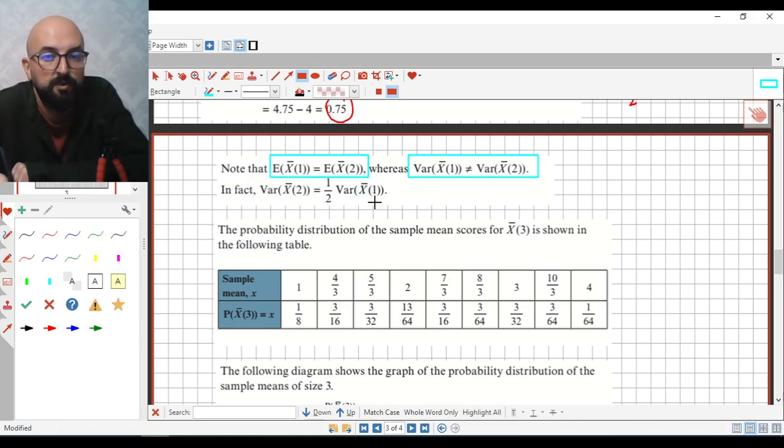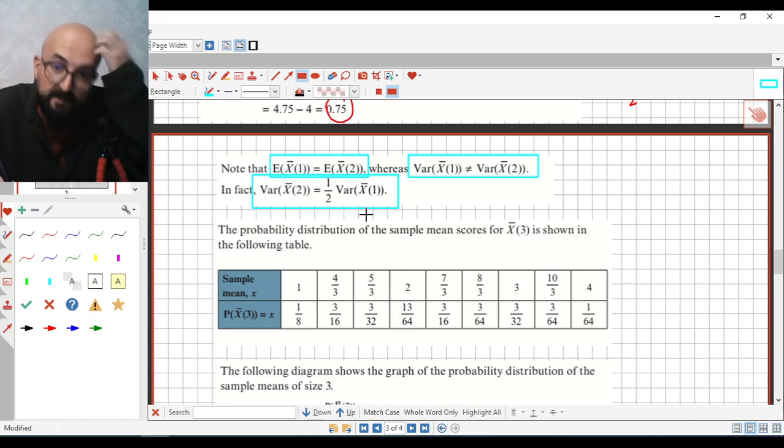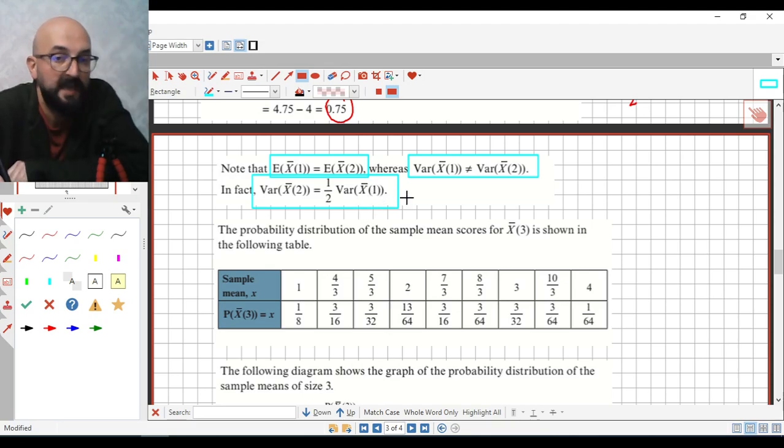And notice that the variance of the sample mean of size 2 equals 1 over 2 times the variance of x, the sample mean of size 1.